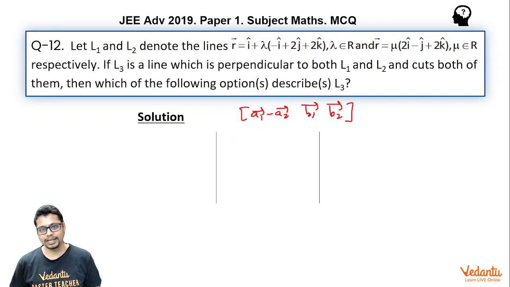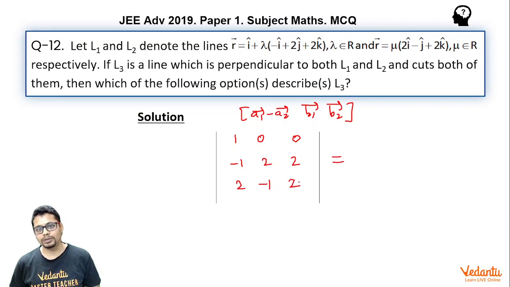So a1 vector minus a2 vector forms row 1, the box product can be written as a determinant, with b1 vector as one row and b2 vector as another row. The determinant turns out to be 6, which is non-zero.